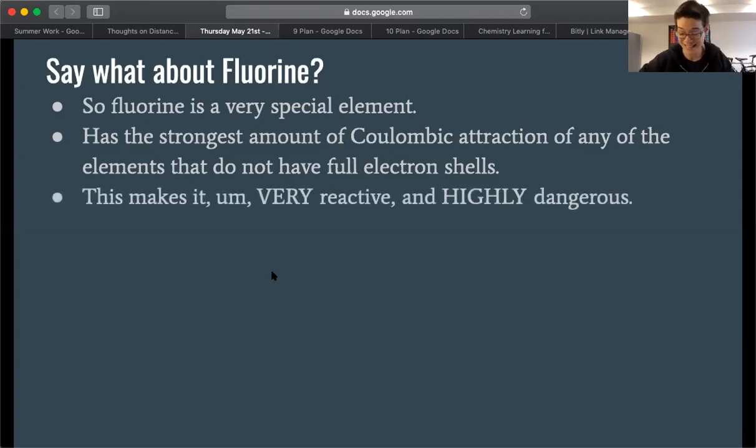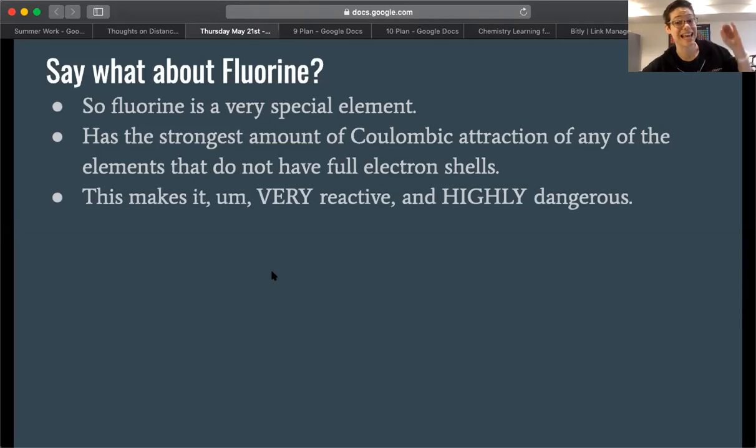So fluorine is highly, highly reactive. It is very, very dangerous. I often refer to fluorine as an element that will eat your face off. It will liquidate your lungs. It is really, really nasty, and you do not want it anywhere near you in any way, shape, or form.